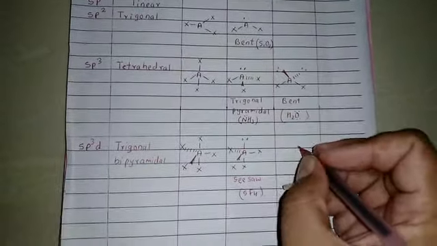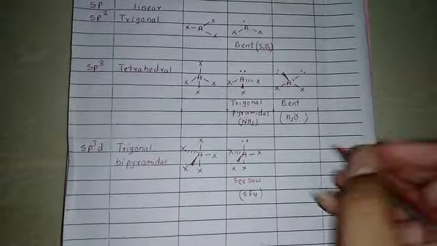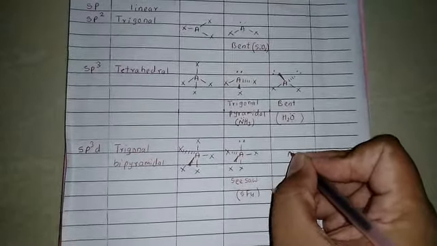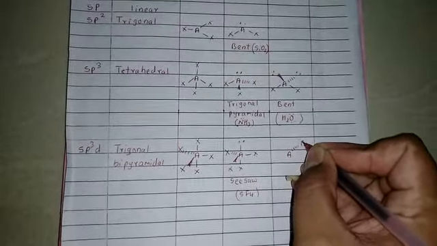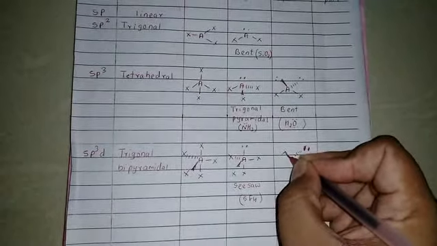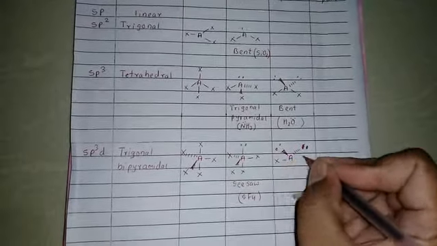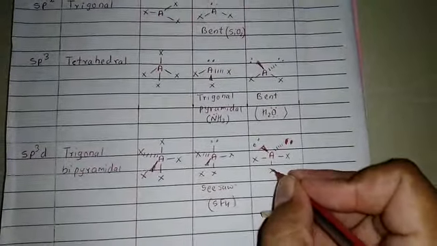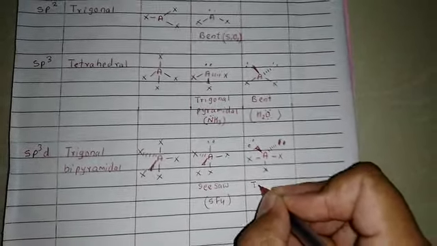If any molecule with sp3d hybrid orbital has 2 lone pairs of electrons, the structure appears in this pattern, and the shape formed is T shape.